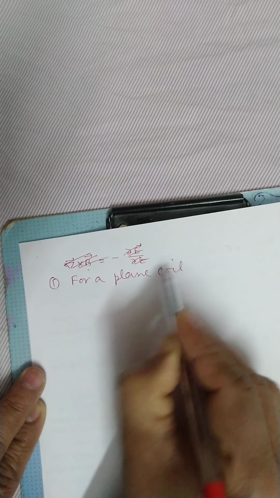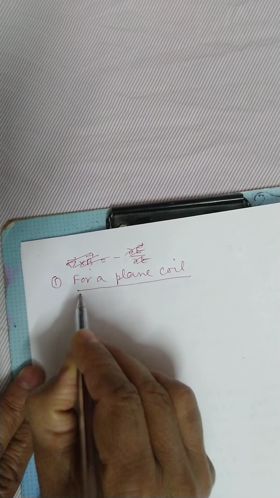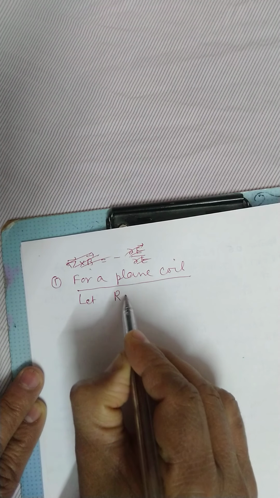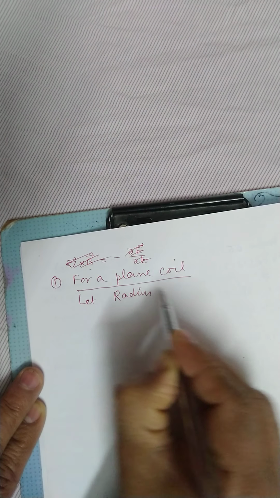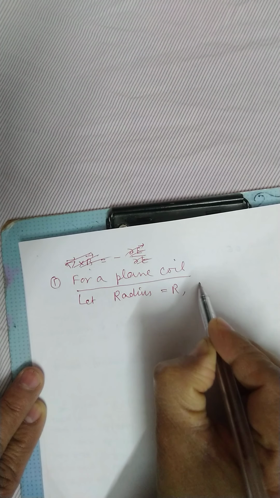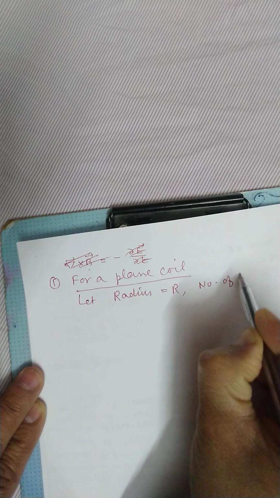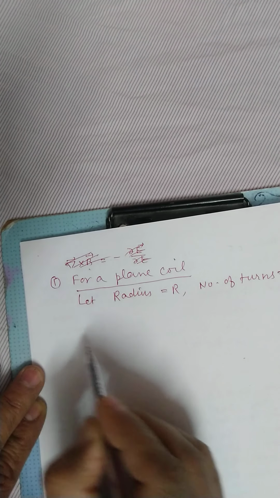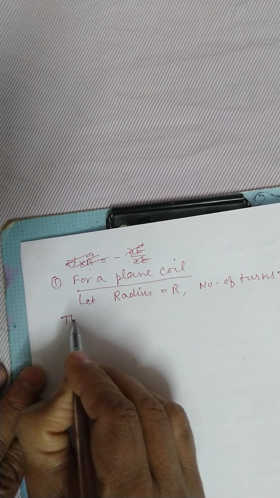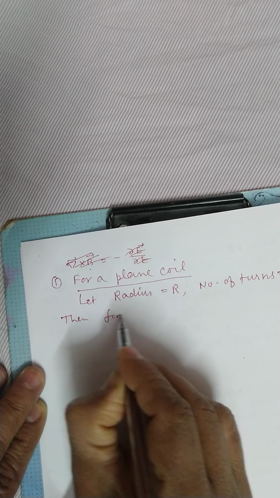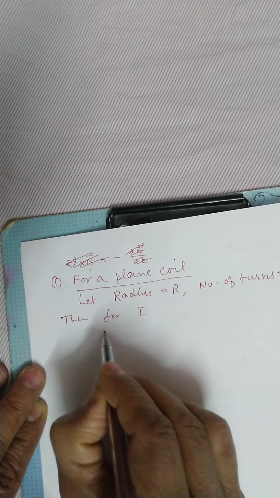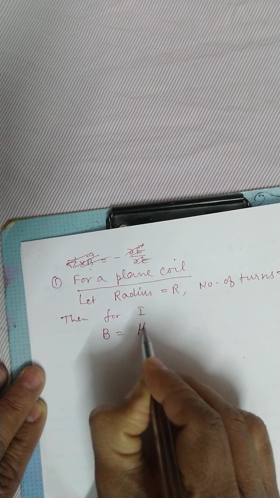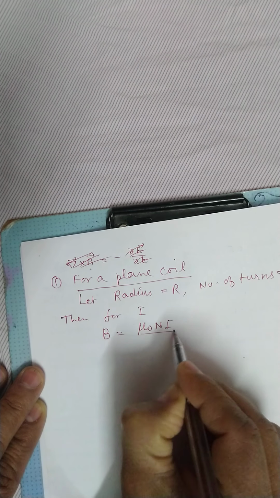Simple things are here. Let the radius of the coil be R, number of turns N, then for current I, the magnetic field will be mu naught N I upon 2R.